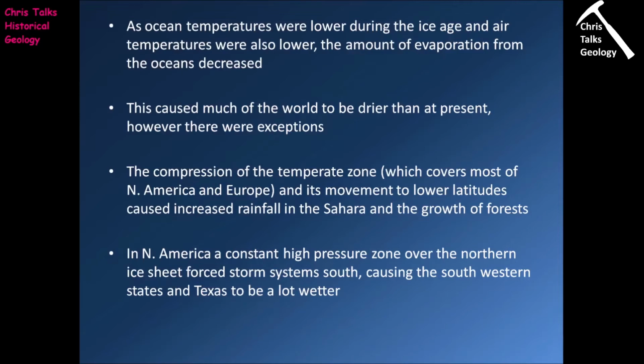And this forcing of these storm systems back towards the southern US meant that once again we have very, very high rates of rainfall in areas like Arizona, New Mexico and Texas. Of course, we know those areas would have had quite a nice temperate climate, and so conditions would have been absolutely perfect for the development of large forests.